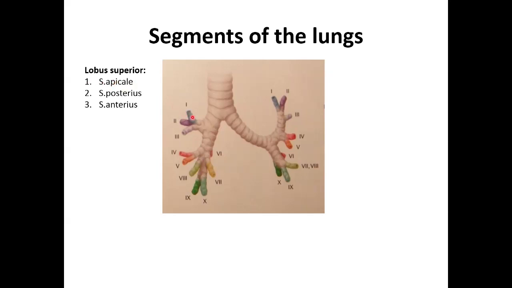It's interesting that segmentum apicale is called this way because this segment is located really on the apex pulmonis, and this part of the lung is in our body on the neck.